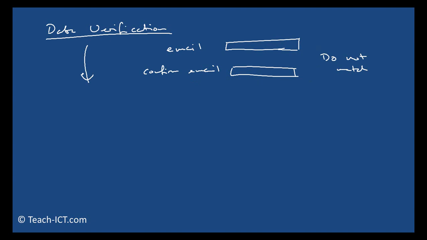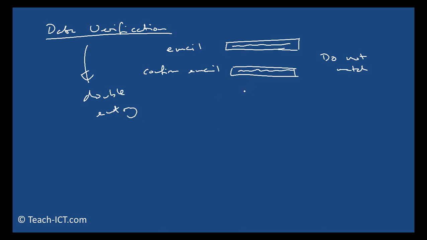Data verification, I think the most common way of doing it, is what we refer to as the double entry of data, whether it be your email address or your password. So the computer will look for you to confirm that what you put in here matches what you put in here. And the chance of you mistyping your email address twice is incredibly slim.